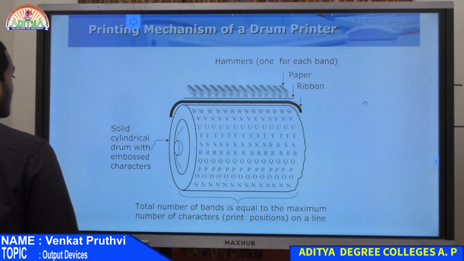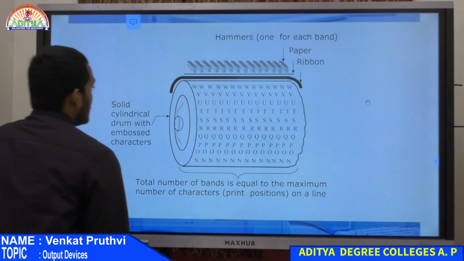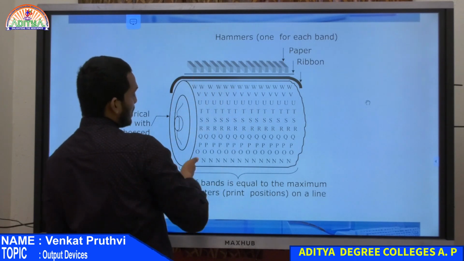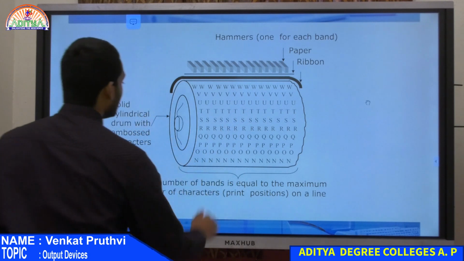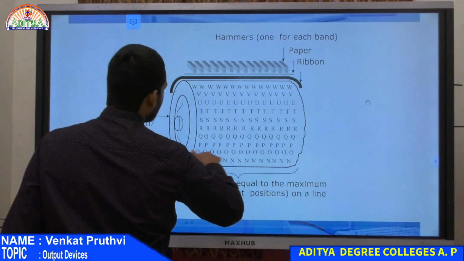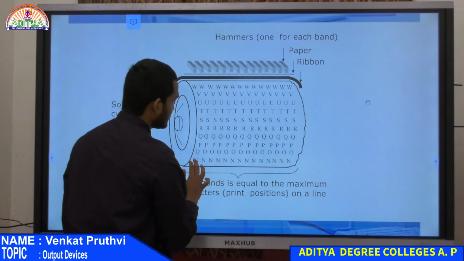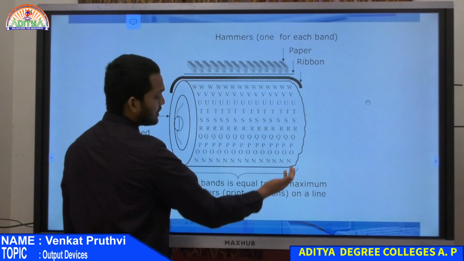Now what it means is, whatever characters are available on this band, only that many characters it can print. This is the band; what is the size of this? 1 2 3 4 5 6 7 8 9 10 11 12 13 14.